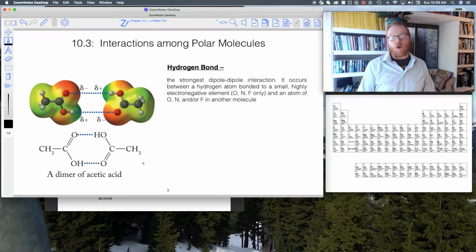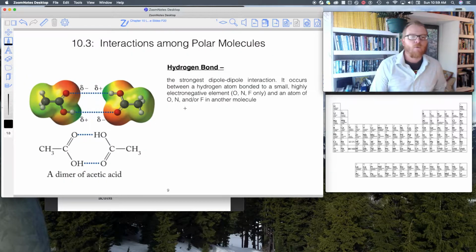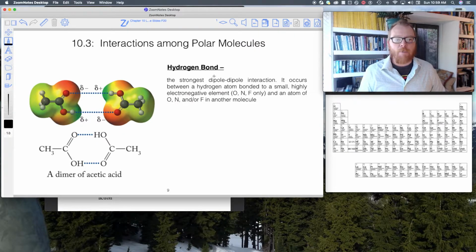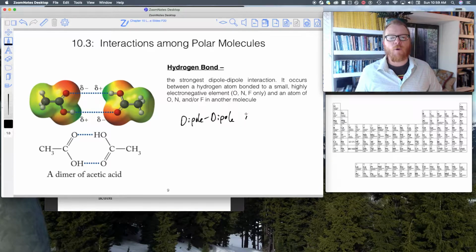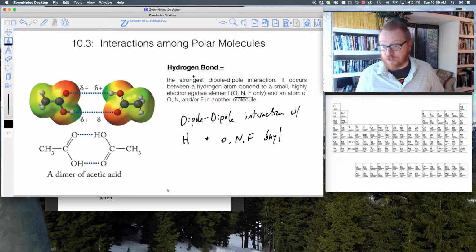So specifically, when we have the dipole-dipole interaction with hydrogen and oxygen, nitrogen, and fluorine only, we call this the hydrogen bond.